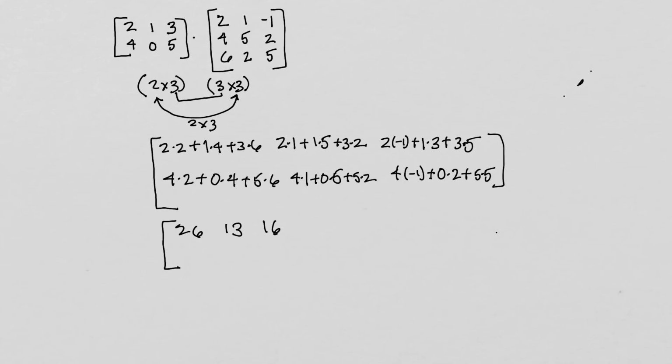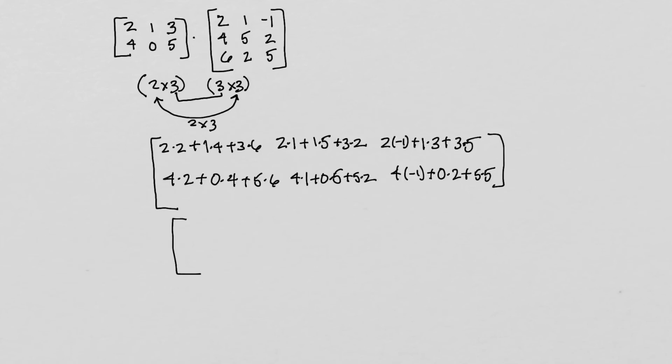And then down here, we're going to get 8 plus 0 plus 30. So I think we're looking at 38 here. And then here we're going to get 4 plus 0 is 4, plus 10 is 14. So we're going to end with this matrix right here.